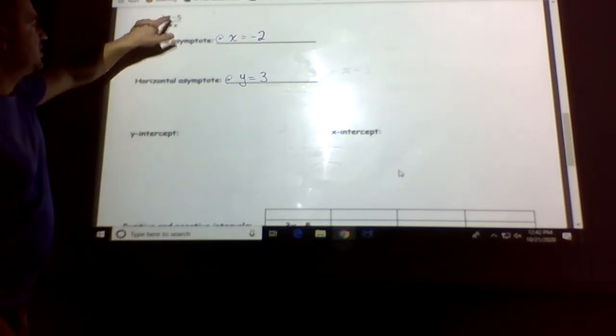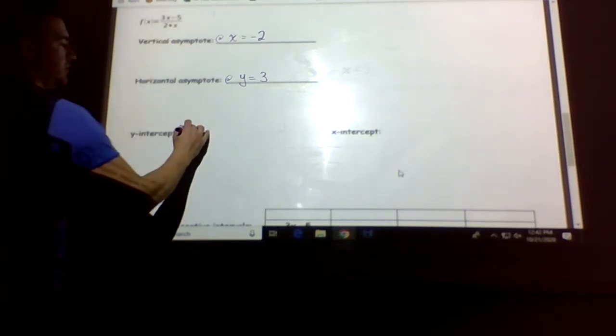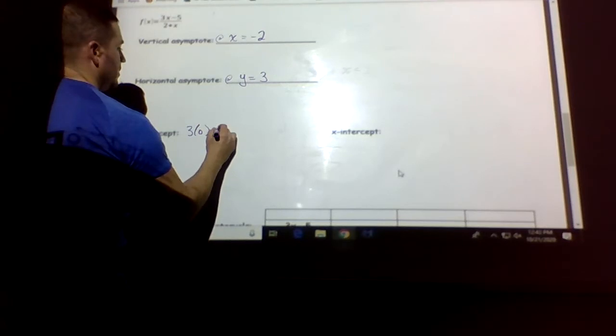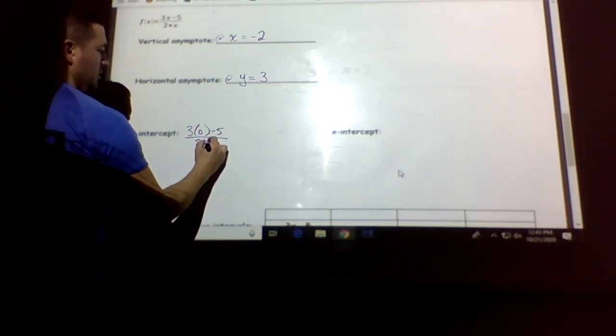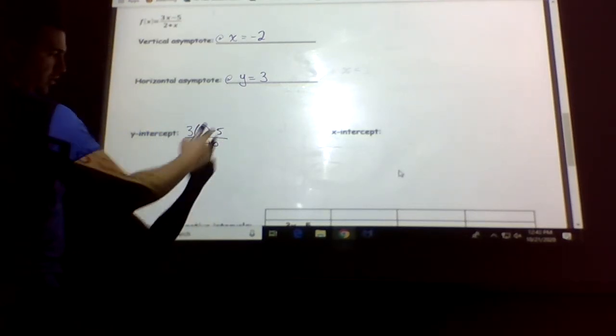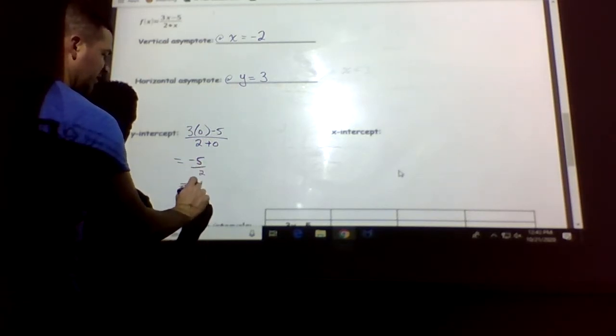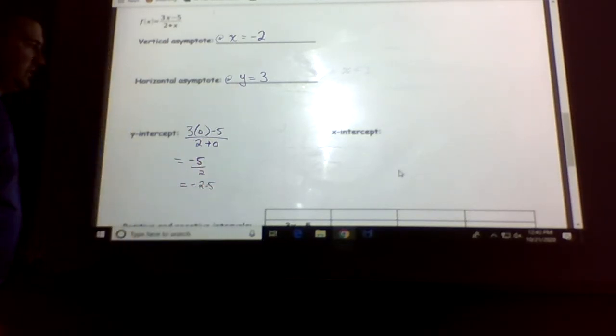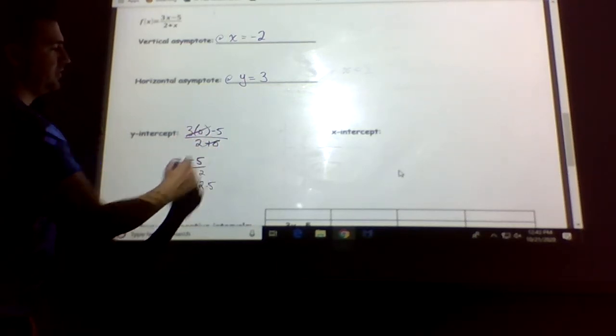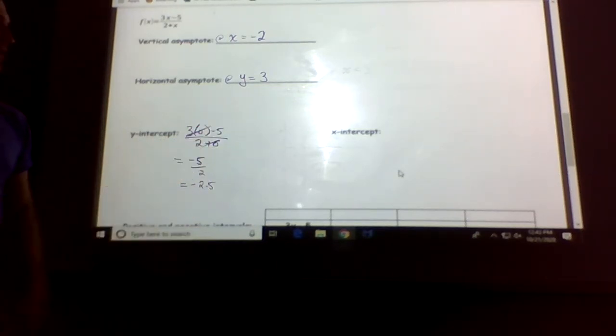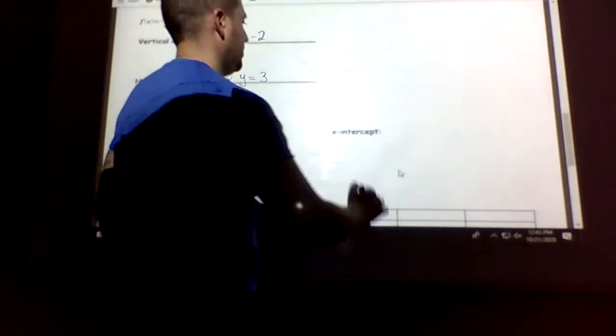Okay, y-intercept. If you plug 0 into your x's, you get negative 5 over 2, which is negative 2.5. Okay, because this cancels off. So negative 5 over 2 is negative 2.5. And our x-intercepts, we plug 0 into y.